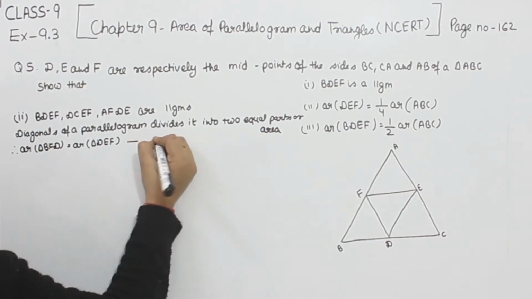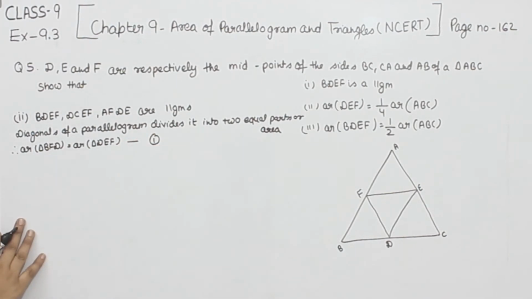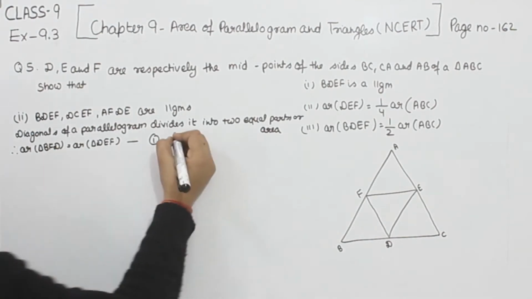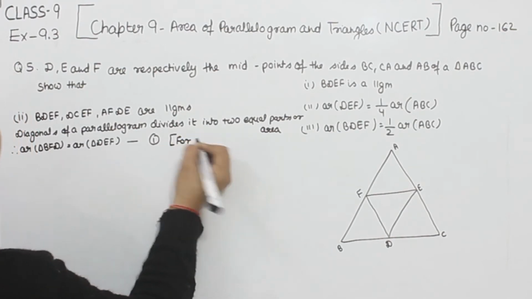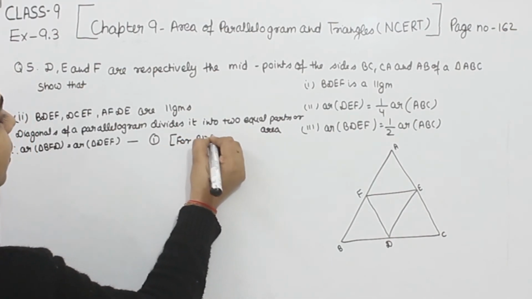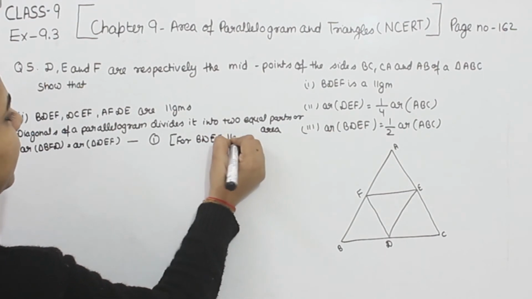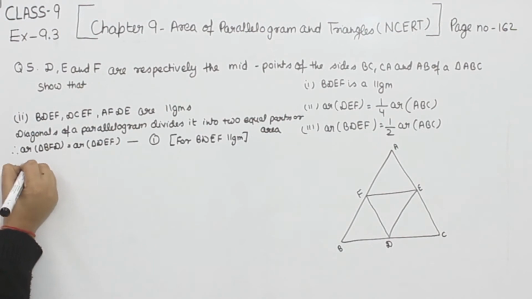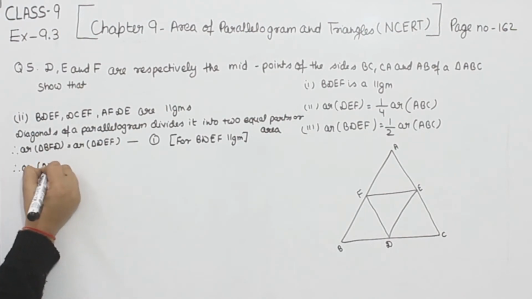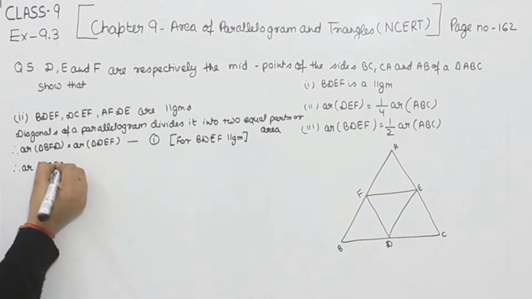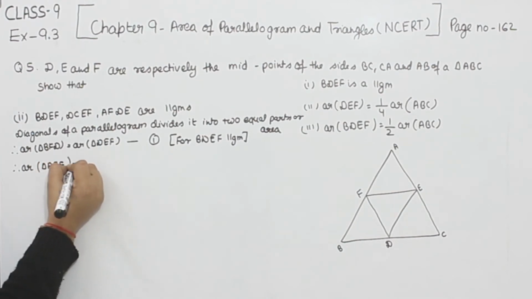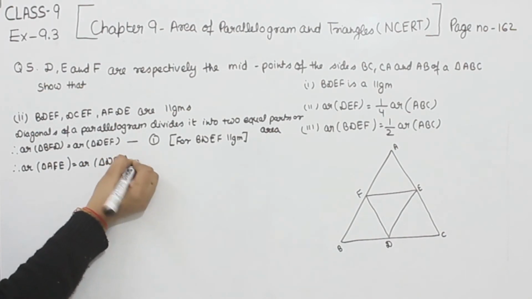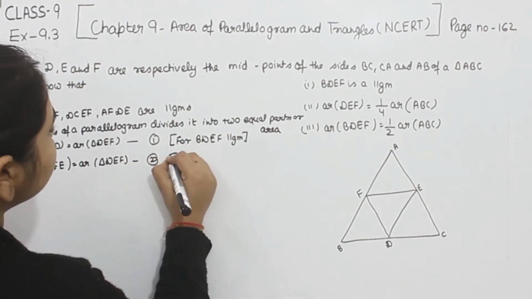This is equation number 1, for the parallelogram BDEF. Now the area of triangle AFE is equal to the area of triangle DEF. This one is equation number 2.